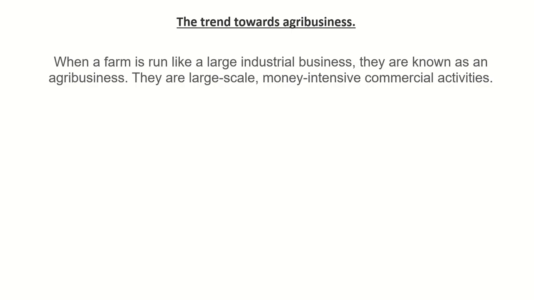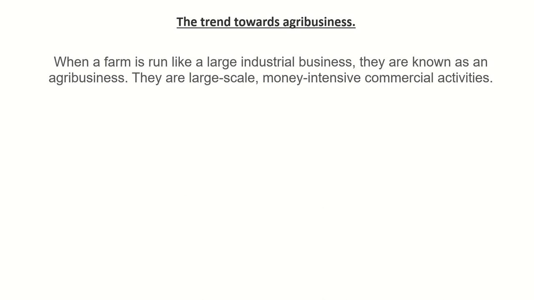Now, the one thing that I think is quite hard in the UK is something called the trend towards agribusiness. Agribusiness is basically when a farm is run like a large business, with large scale, money intensive commercial activities.